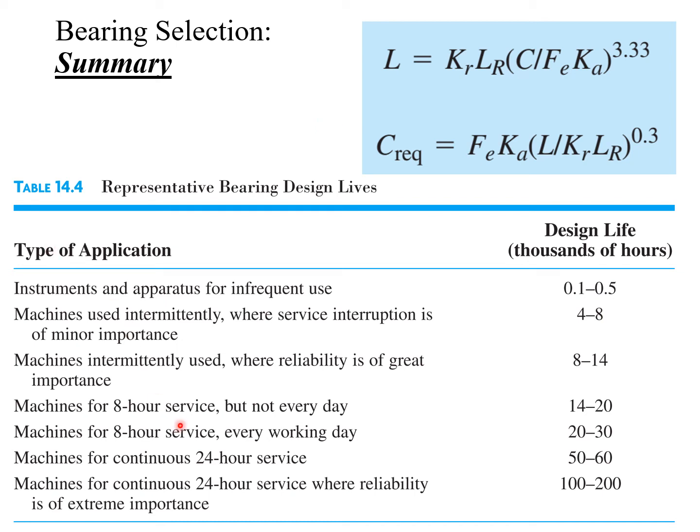Now let's say that bearing, instead of being used in an application with intermittent use, was on a machine, again operating at the same 1000 RPMs, but it has to do it 24 hours a day without any interruptions, with reliability of extreme importance, which is almost the same thing. Again, that bearing would be 1000 revolutions per minute.